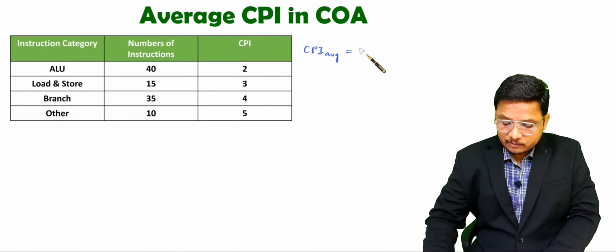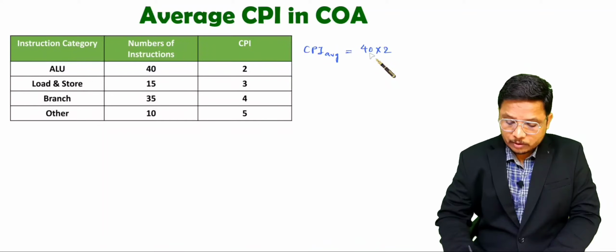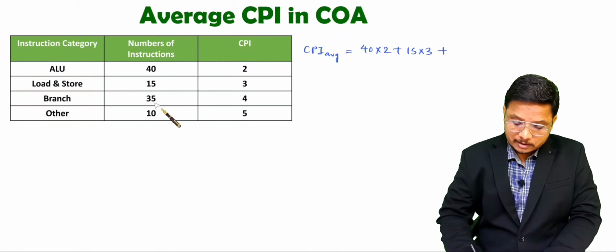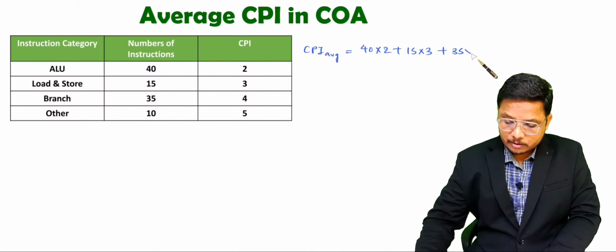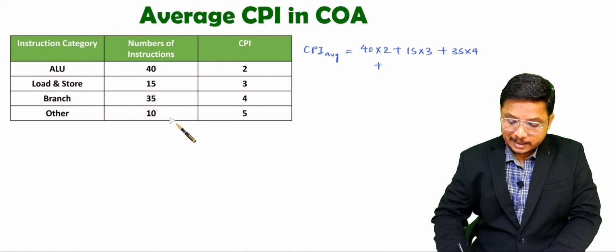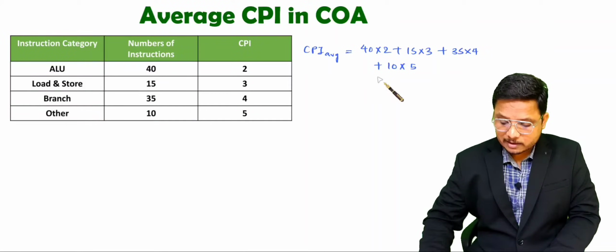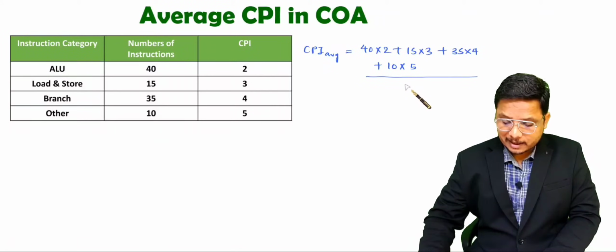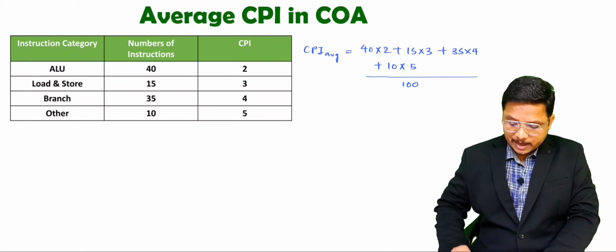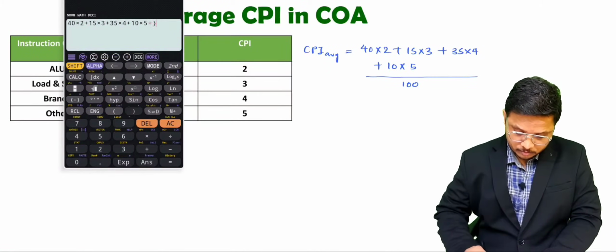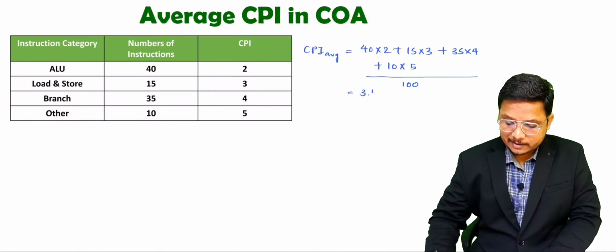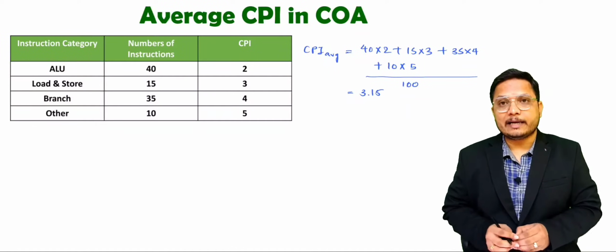Let me write that: 40 into 2 plus 15 into 3 plus 35 into 4 plus 10 into 5, divided by the number of instructions, which is 40 plus 15 plus 35 plus 10, that is 100. So my average CPI over here will be 3.15. So, for this particular case study, average CPI is 3.15, right?